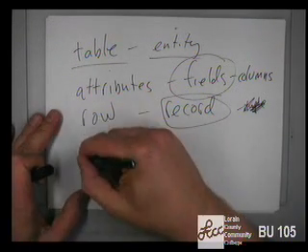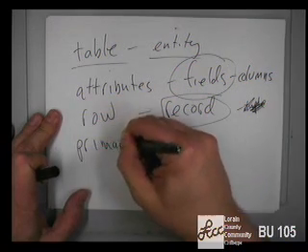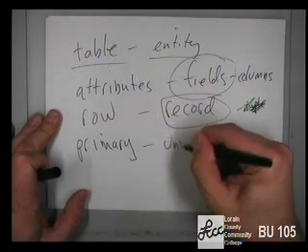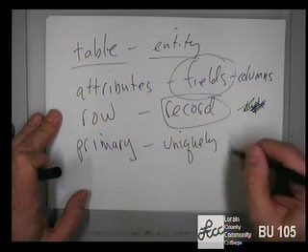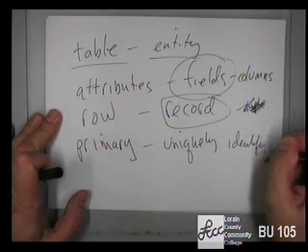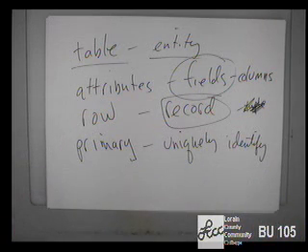A primary key is something that uniquely identifies members of the table. When we say uniquely identify, it means that it identifies only one.